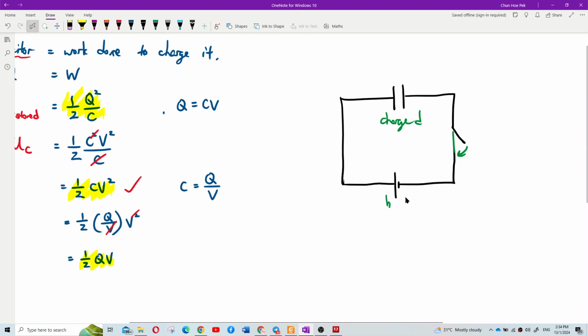This is the battery, and this is the capacitor.